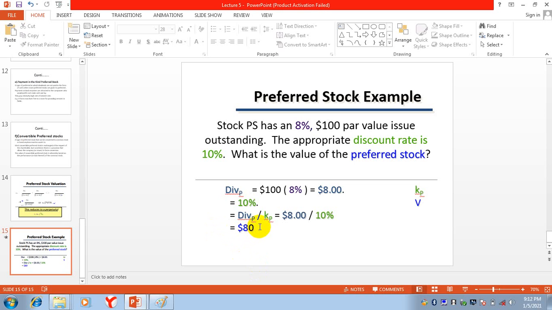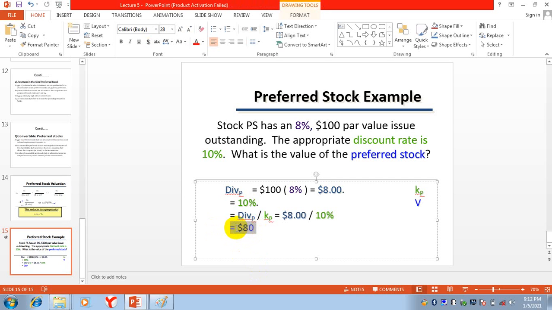Now why is the value of this stock $80, today's value, while its face value was $100? Here is the question: the par value is $100, but today's value is $80.